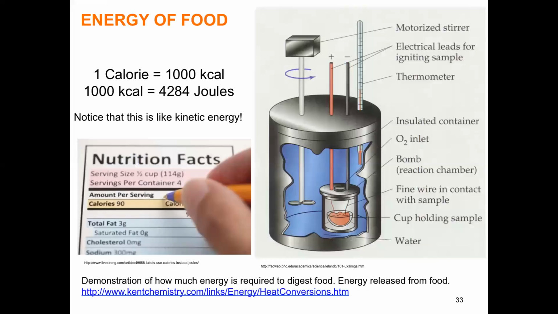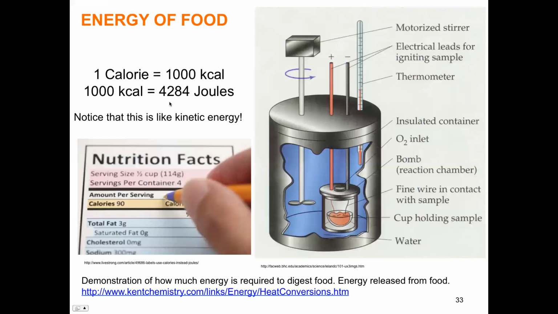Now, coming back to the food idea. When you have your food and it has calories, really that's calories with a capital C. What that actually is is 1,000 kilocalories. All right, so kilocalories is coming closer to what we're looking at in terms of energy. So how much energy is that? Well, 1 Calorie being 1,000 kilocalories is actually 4,284 joules.